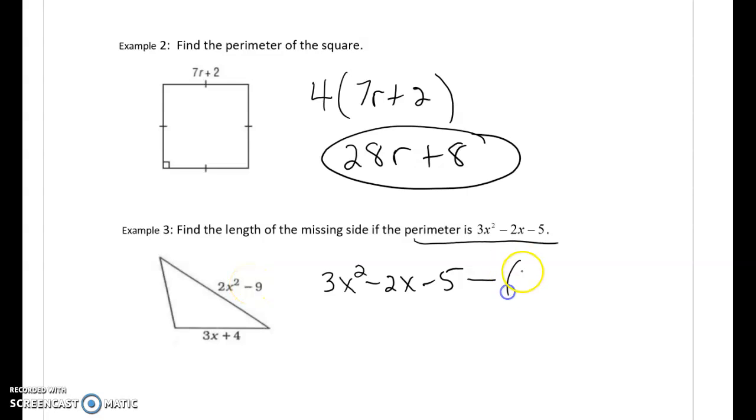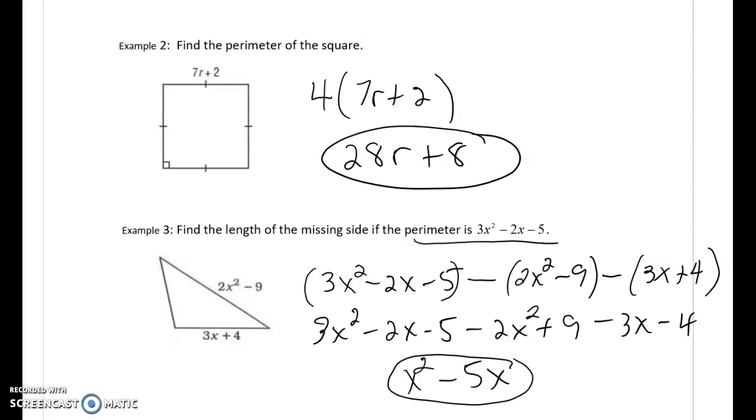So we're going to subtract 2x squared minus 9, and then also subtract 3x plus 4. We're taking this perimeter value and subtracting the other two sides, and what is left will be an expression for that third side.